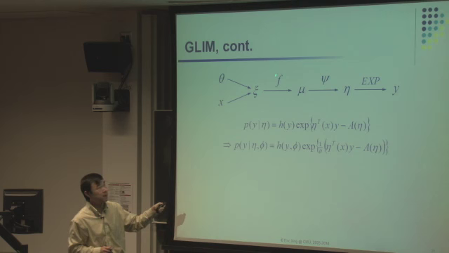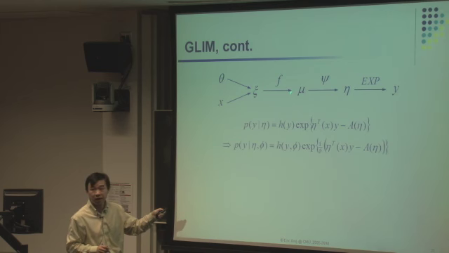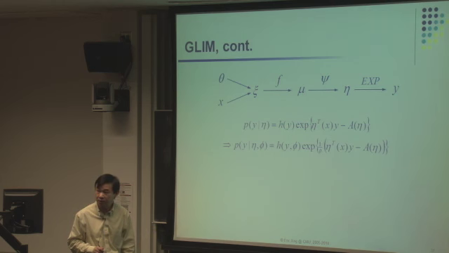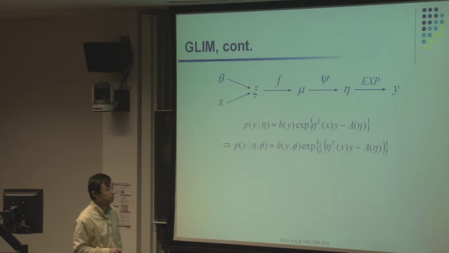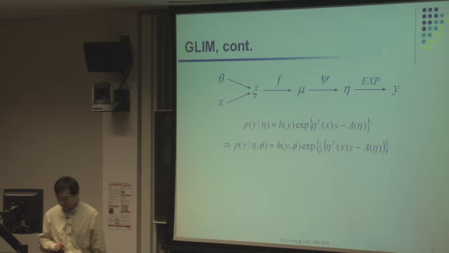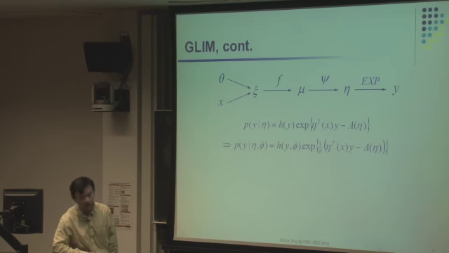The response is transformed into the mean parameter through a response function, and the mean parameter corresponds to a natural parameter through this mapping function. The natural parameter is used to define an exponential family distribution of the other part of the observation, which is the response, the output. This is made clear in this whole equation. Any questions?